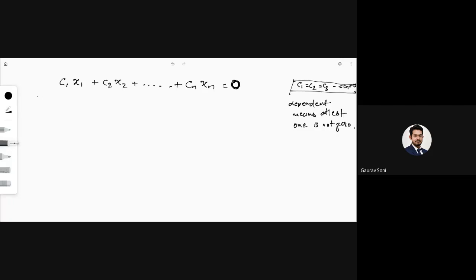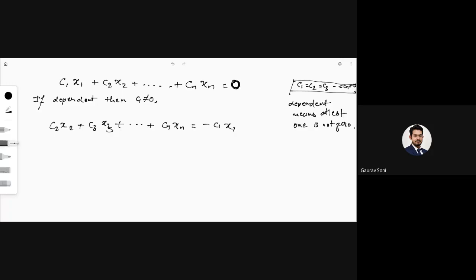So if dependent, then say C1 is not equal to 0. Then I can send C1 x1 to the other side: C2 x2, C3 x3 plus up to Cn xn is equal to minus C1 x1.